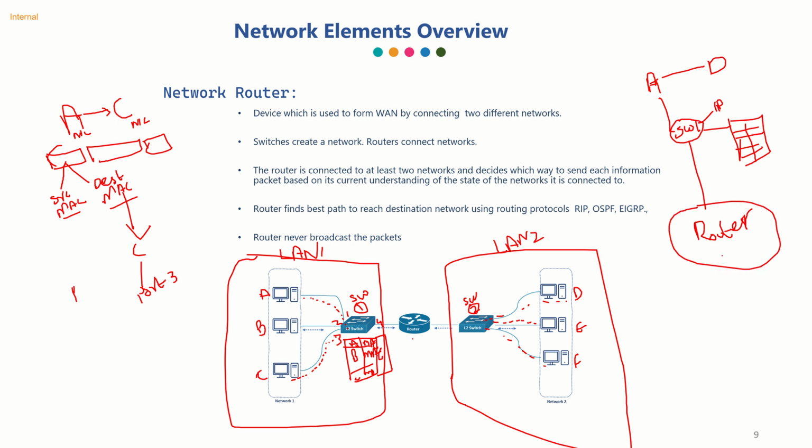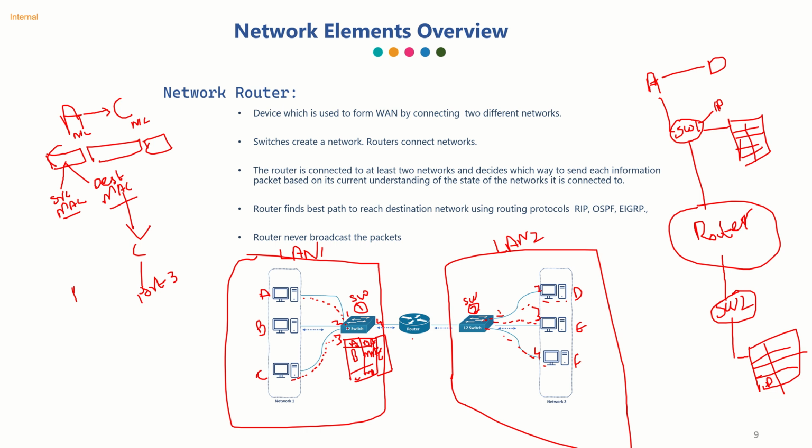What will the router do? The router will send it to switch 2. So what will switch 2 do then? It will have its table because it understands, okay, D belongs to me, and then it understands where D goes, which port.